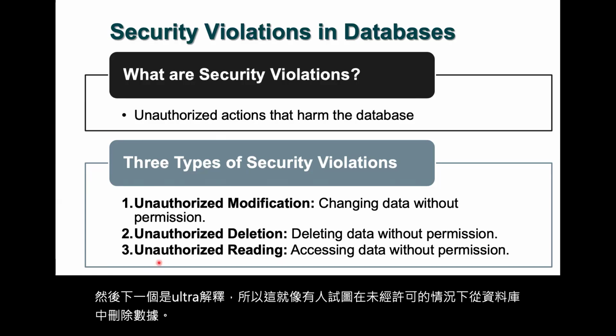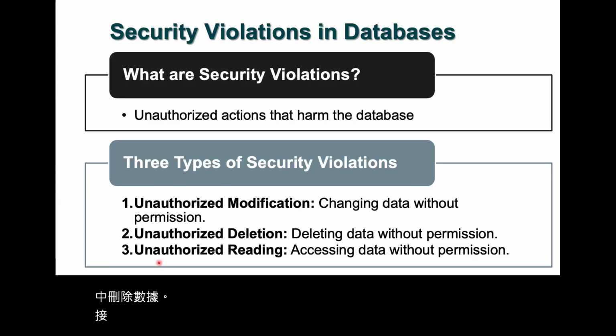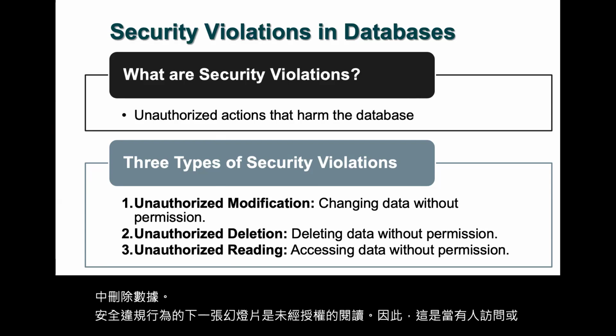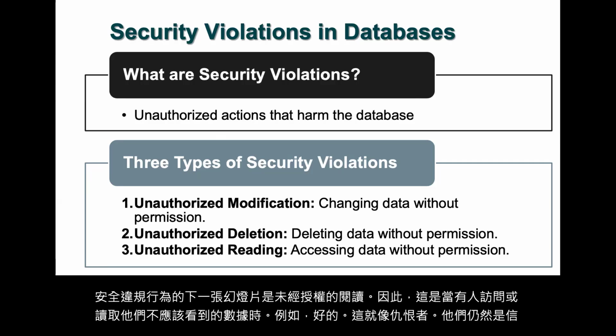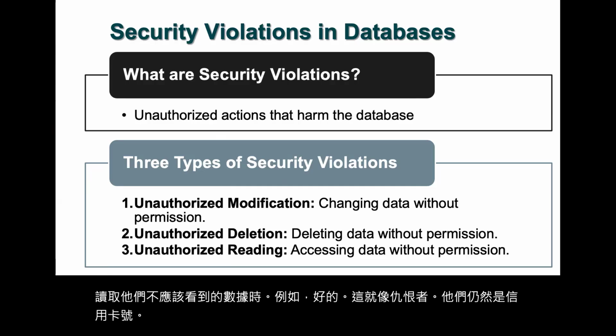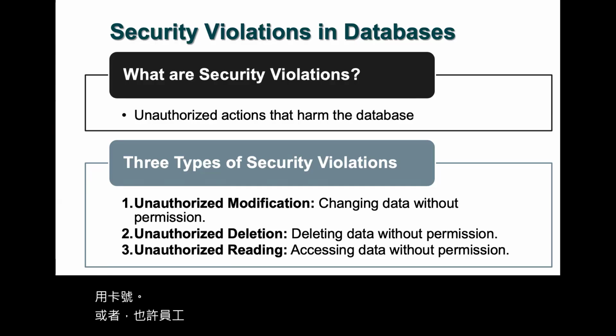And the next type of the security violation is unauthorized reading. So this is when someone accesses or reads the data they're not supposed to see. Okay. For example, like hackers stealing the credit card numbers, or maybe an employee trying to look at the confidential salary information of other employees.